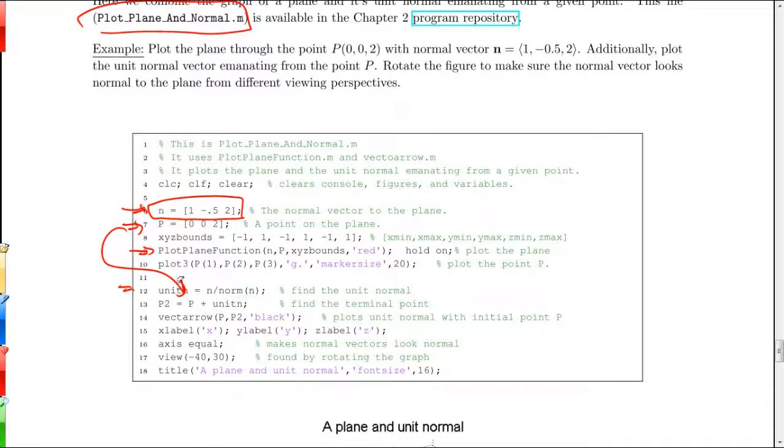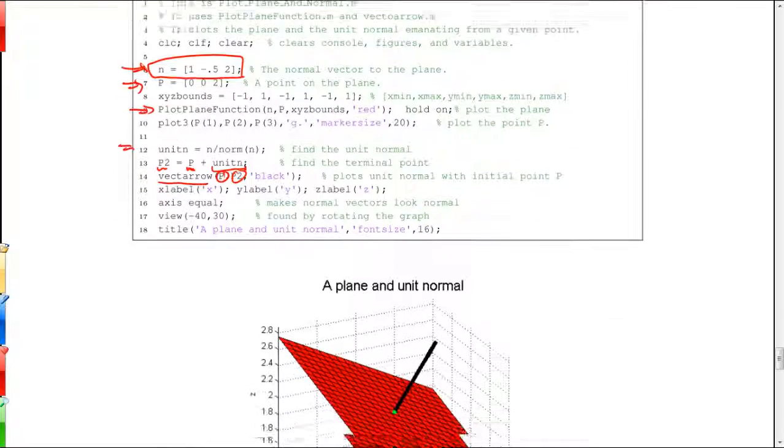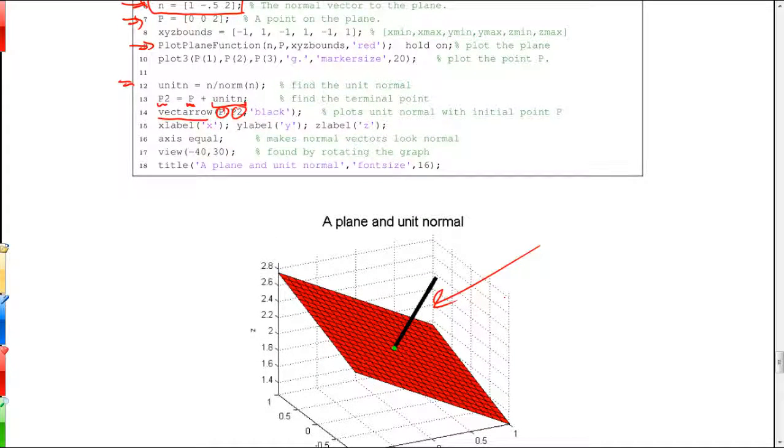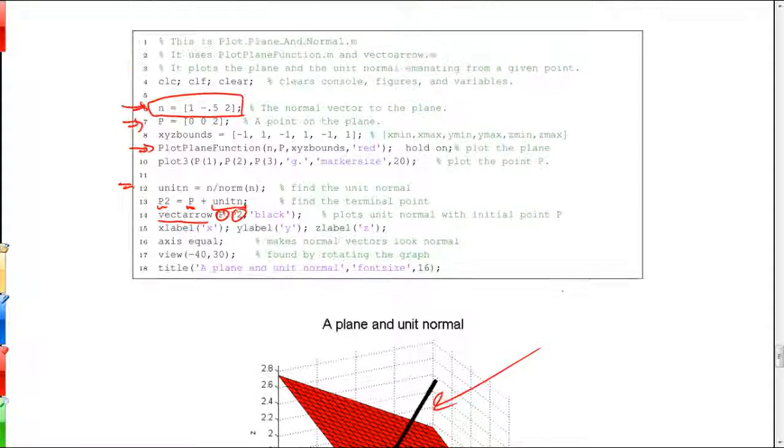Then I'm going to do an arrow from P to P2. And that produces this. You can't tell it's an arrow here because of the camera view, but if you were to rotate that, you'd see that you'd actually have an arrow. All right, so it's a decent little function.